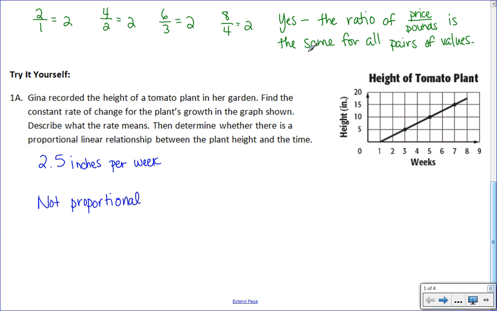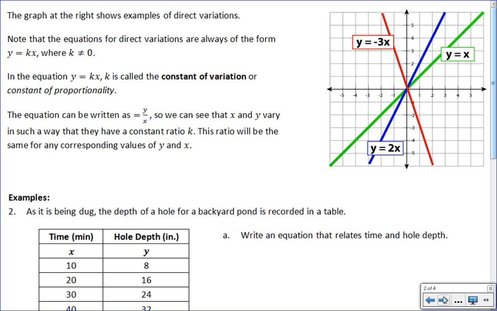Alright, so flip to the back page and let's go ahead and talk a little bit more about direct variation. So in this graph, you see three different examples of direct variations. And there are some things we can notice about this graph. First of all, if you look at the similarity in each of the three equations, note that the equations for direct variations are always of the form y equals kx, where k is not equal to 0.